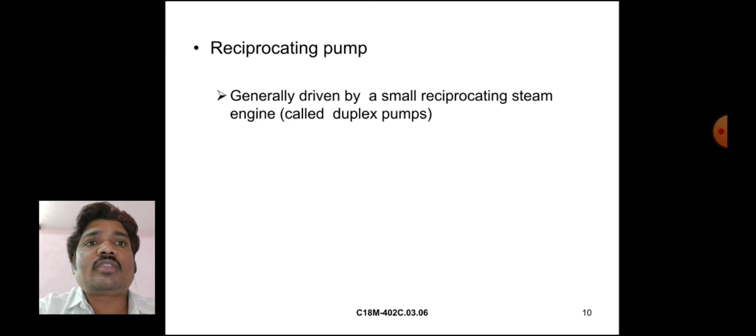We discuss the reciprocating pump first. It is generally driven by a small reciprocating steam engine and is also called a duplex pump.